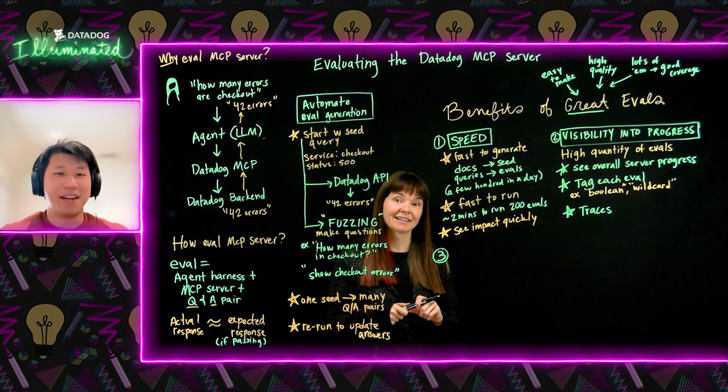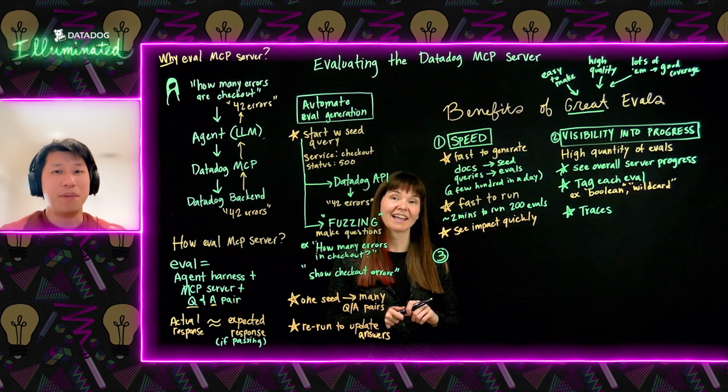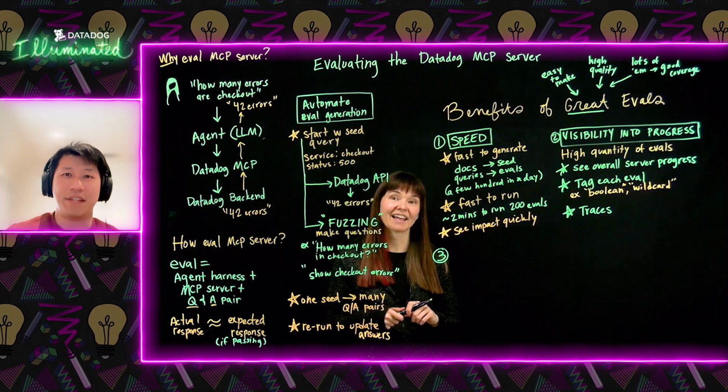But for us, we try to improve our MCP server before it actually affects them negatively. So we want to debug very obvious tool call failures first, like making sure we can answer obvious questions such as how many errors in checkout. We shouldn't need the agent evals to hit those errors before they know that the tools have something wrong.